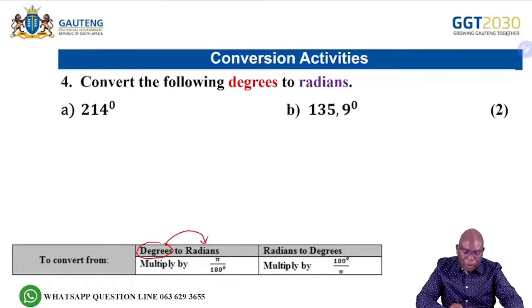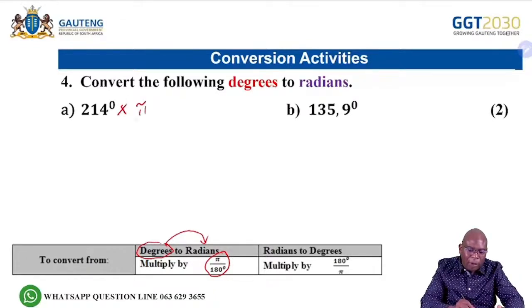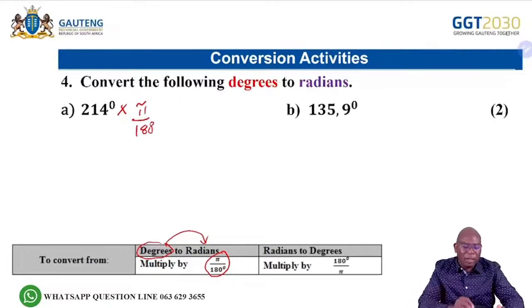So what should we do? We multiply by pi over 180 degrees. So you'll see that it's going to be multiplied by pi over 180 degrees. So you see the degrees and the degrees are dividing, then you multiply that by pi. So if I work that one out, 214 degrees multiplied by pi over 180 degrees.